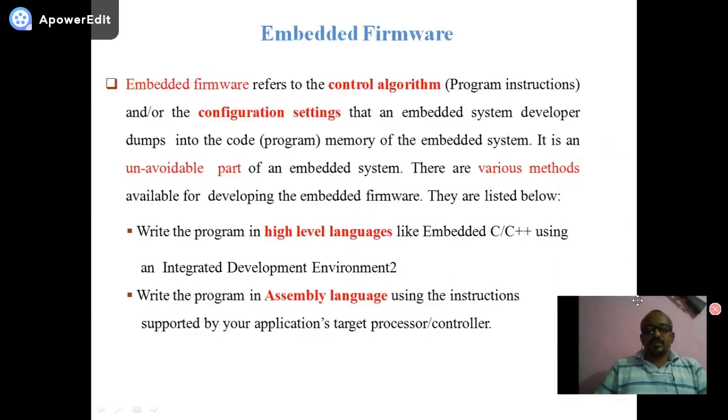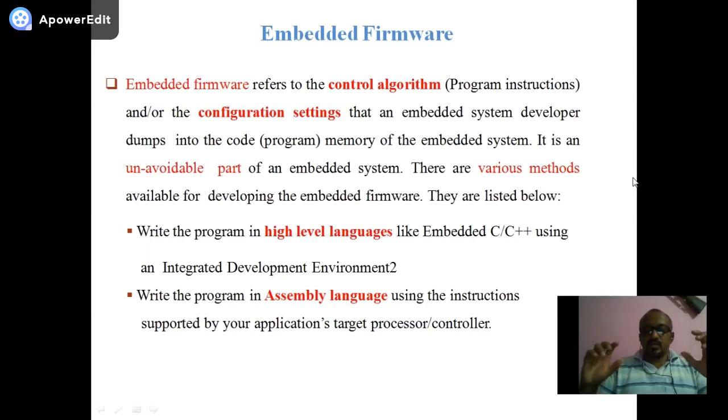So embedded firmware is a software program that we write to make the peripheral components like sensors, actuators, and other interfacing components work according to the requirement or function of an embedded system.